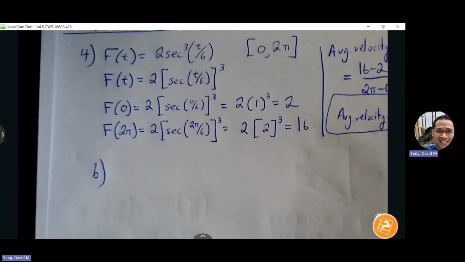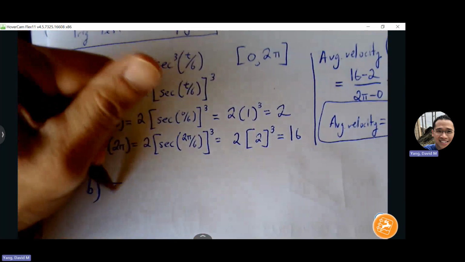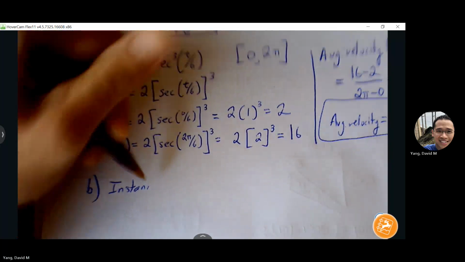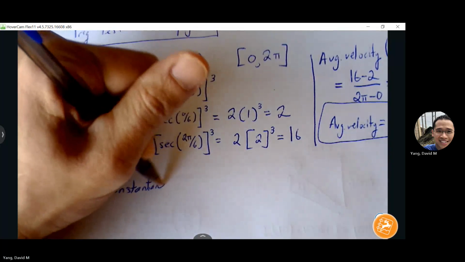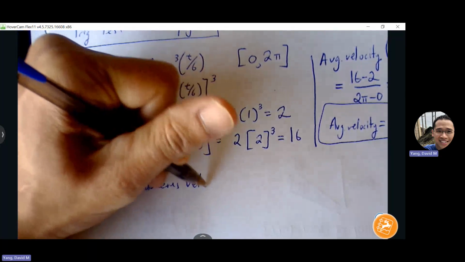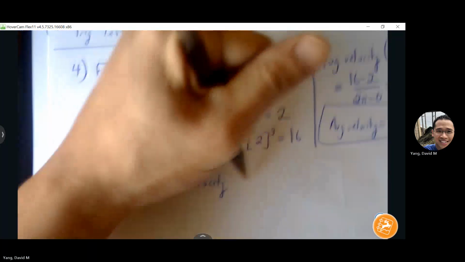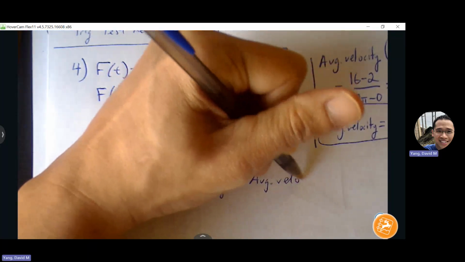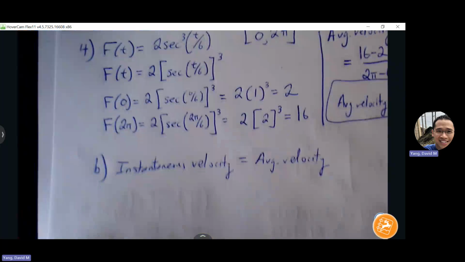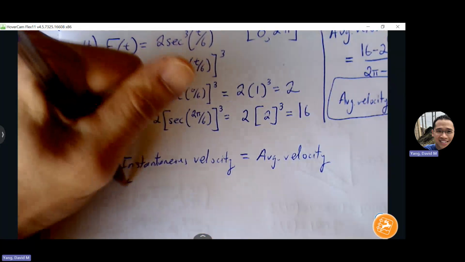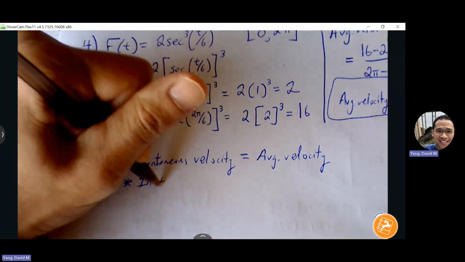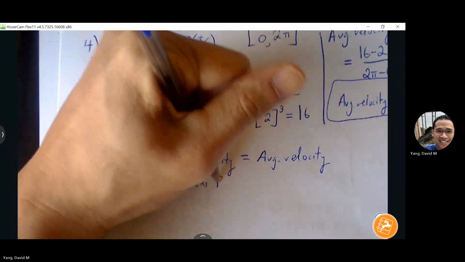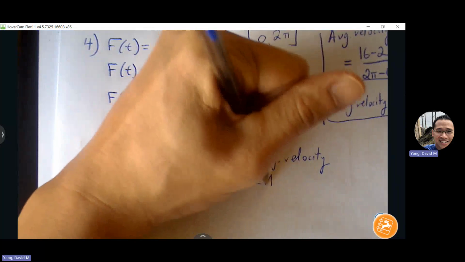Part B says, at what point does the instantaneous velocity equal the average velocity? And if I reword it, that's basically saying, when is the instantaneous rate of change equal to the average rate of change?